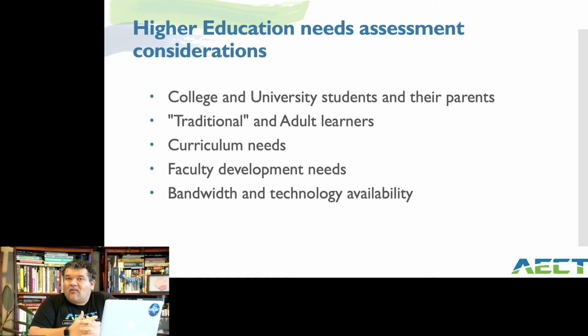And so different aspects of those learners could be they could be traditional, directly out of high school, or adult learners. So we definitely want to focus on the needs of those adult learners and their different levels of motivation for learning. The curriculum needs.